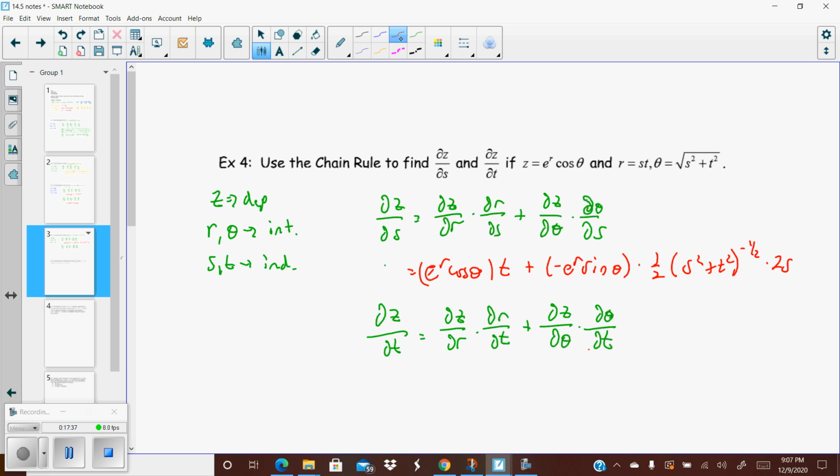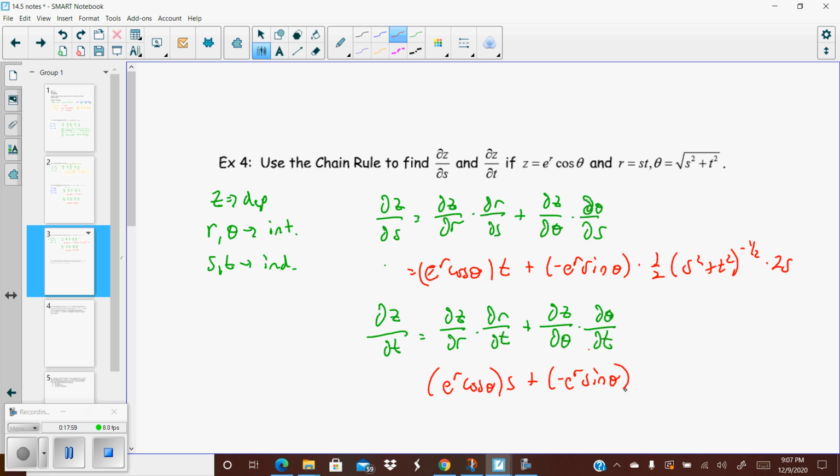Partial of z, again, with respect to r does not change from the first one. That's always nice. Now the partial of r with respect to t is going to be s. Partial of z with respect to theta, again, same as it was in the first part, times the partial of theta with respect to t.